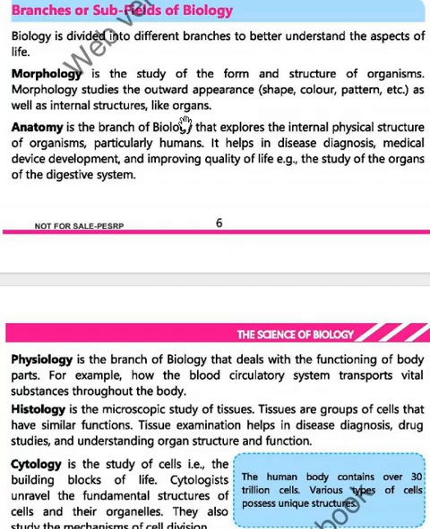For example, if you look at a plant, morphology tells you about its roots, stem, leaves, flowers and fruits. If you look at an animal, morphology tells you about its body shape, organs on the outside and body parts. In short, in morphology we study the form and external structure of living organisms.